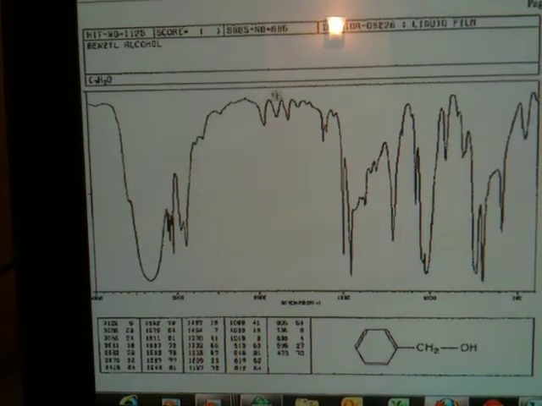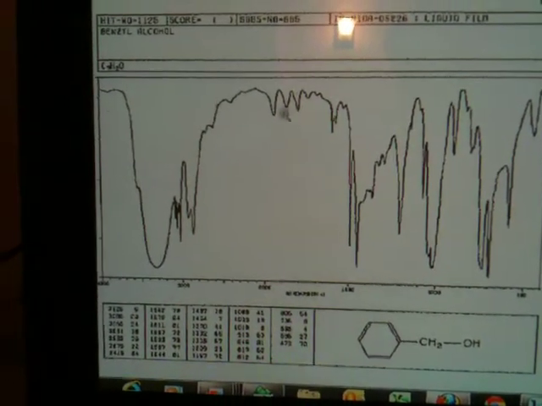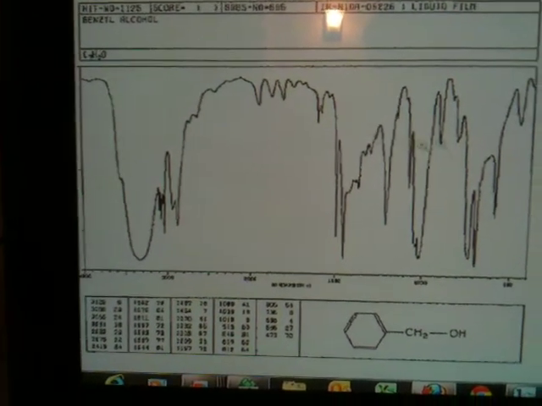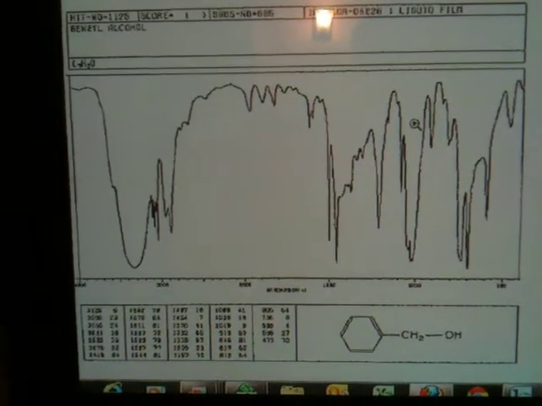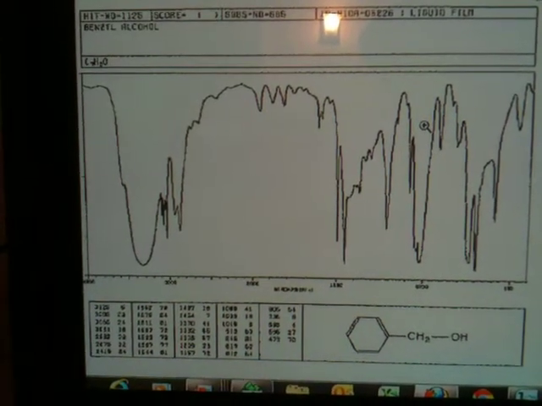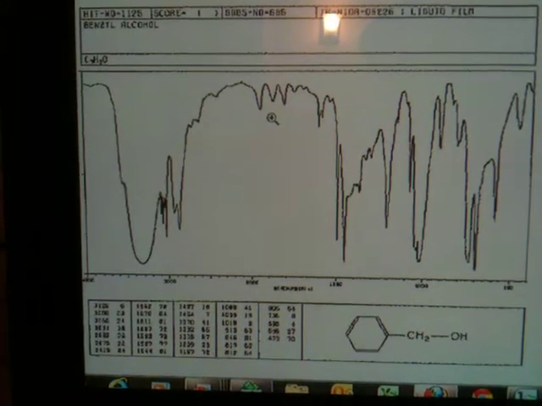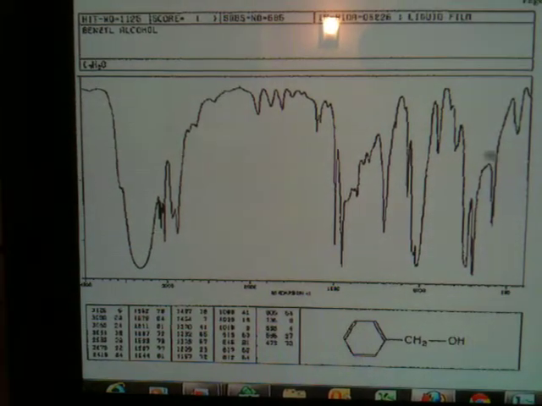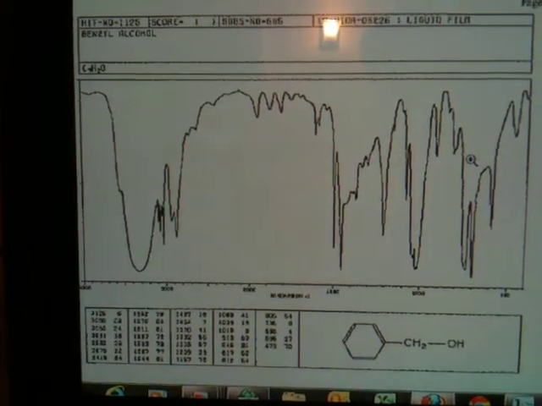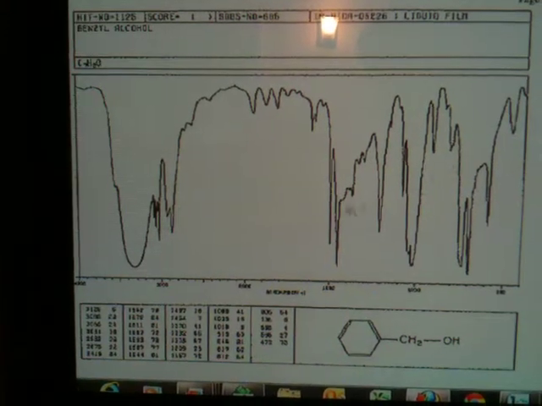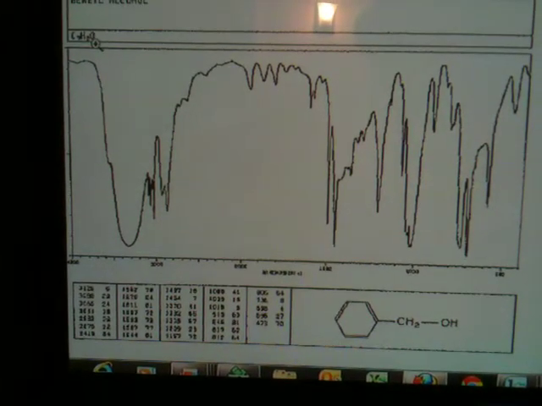If you had an absorption at, say, around 1800, and you have an absorption around 900, there's a remote chance you'll see an absorption at 2 times that and then at 3 times that.